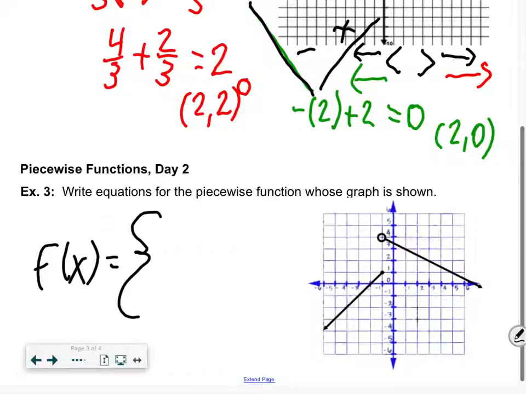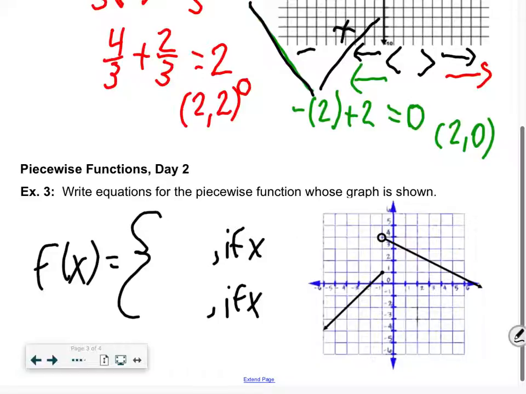I'm calling it squiggly squiggly. So leave room for an equation. I like to fill out the x part first. I think that's easiest. Just make sure you write f of x equals, this is our function.